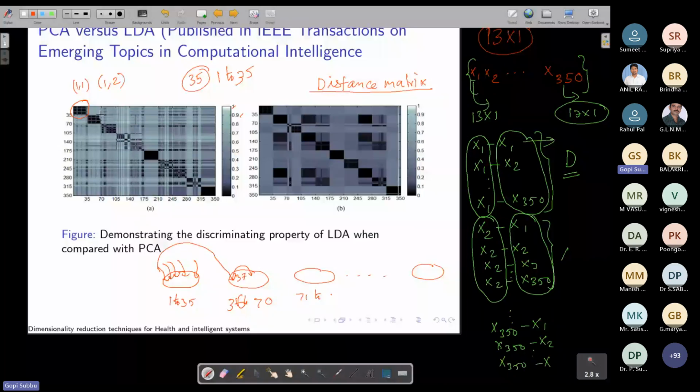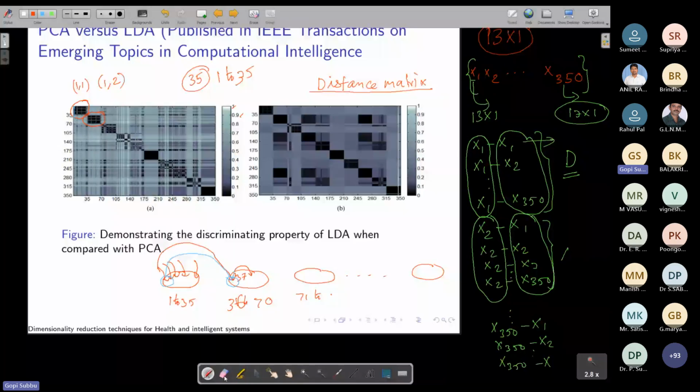You can see that. But if I take one vector from here and another vector from here, that is the first vector from here and the 36th vector from here, I hope you are getting that, then that is bright now.